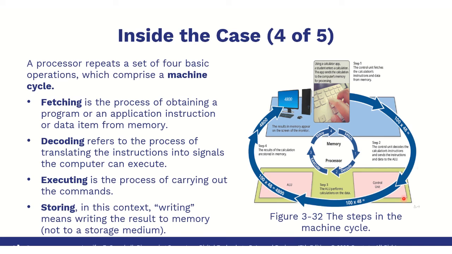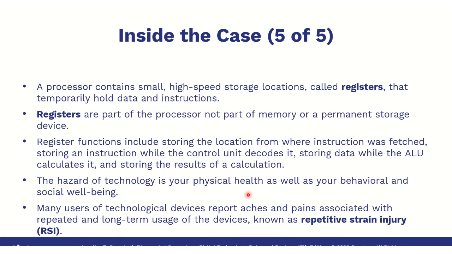So this picture illustrates the four steps of the machine cycle. Now, a processor contains small high-speed storage locations called registers that temporarily hold data and instructions.